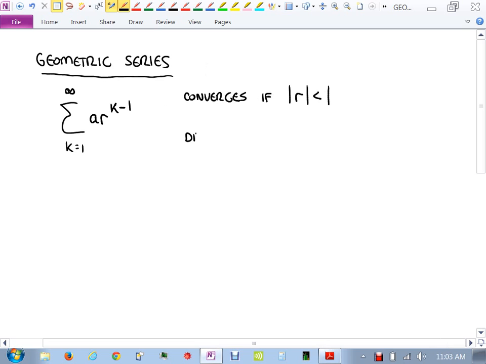It diverges if the absolute value of R is greater than or equal to 1. So that means it doesn't matter if R is a positive or negative number. As long as the absolute value of it is less than 1, this will converge.